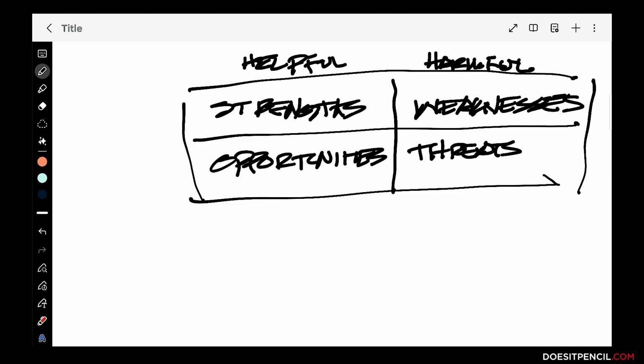On the x-axis, strengths and weaknesses are internal, as I said before, and the opportunities and threats are external. So that's a pretty simple four-square graph, a word picture, to help you further understand in your mind's eye what we're doing with this SWOT analysis.